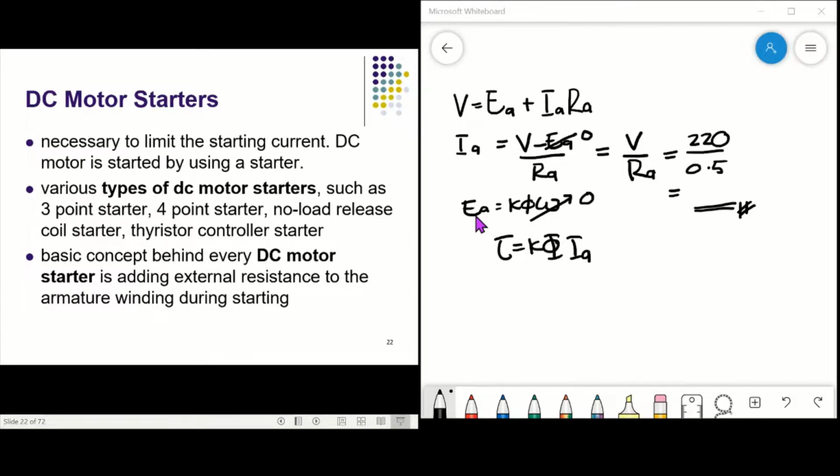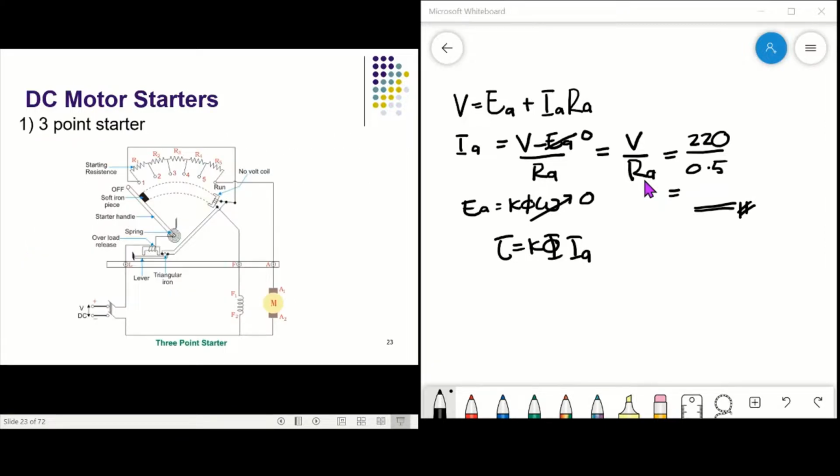There are various types of DC motor starter, such as the 3-point starter, 4-point starter, no load release coil starter, thyristor control starter, and so on. The basic concept behind every DC motor starter is adding external resistance to the armature winding during starting. So we add additional resistance in series with the armature resistor.